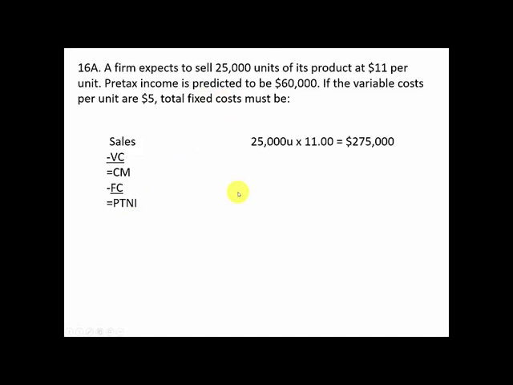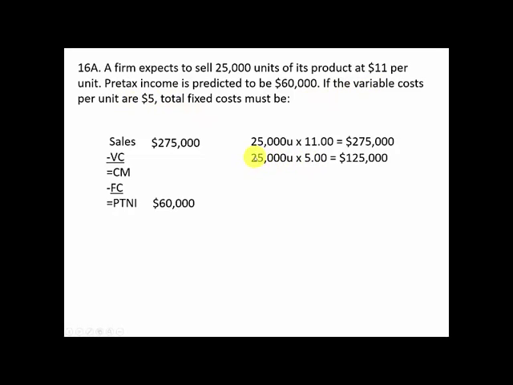Alright, so sales are 25,000 units at $11 apiece, or $275,000. That's what sales are in dollars. Next, pre-tax net income was given as $60,000. And remember, we're looking for fixed costs. Also, they told us that the variable cost per unit is $5.